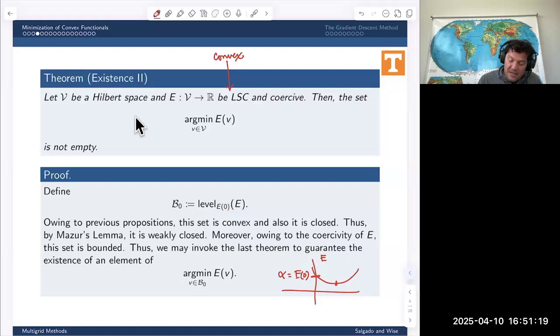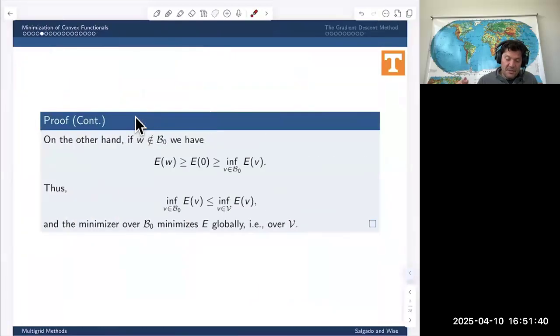It's the set of all points x such that E of x is less than or equal to E of 0. Well, the global minimum has to be in that set because it's got to be lower than all other points. Therefore it has to be lower than that point, so it has to be in B0. So that's the next argument.